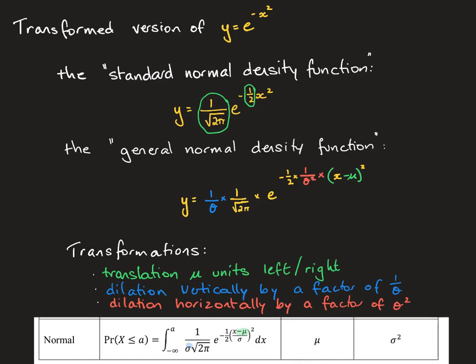The one on sigma at the start changes the dilation vertically, so it's going to stretch the graph upwards or shrink it downwards. And the sigma underneath the x minus mu is also going to dilate it, but horizontally. So it's going to pull the graph of the function in and up or down and out.